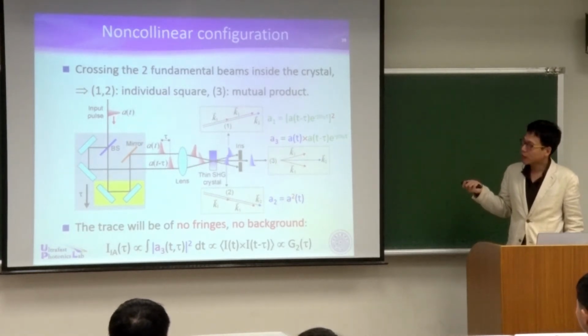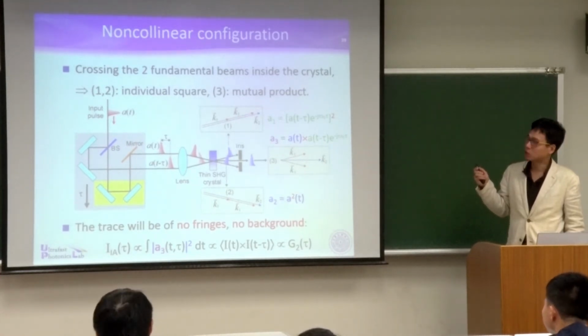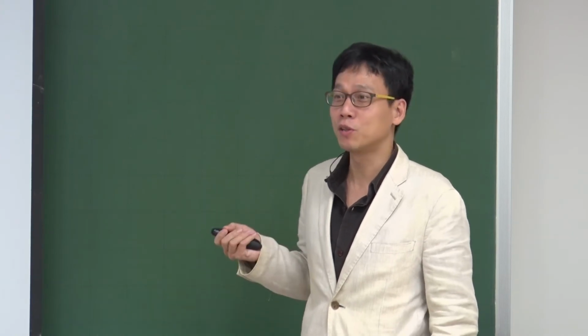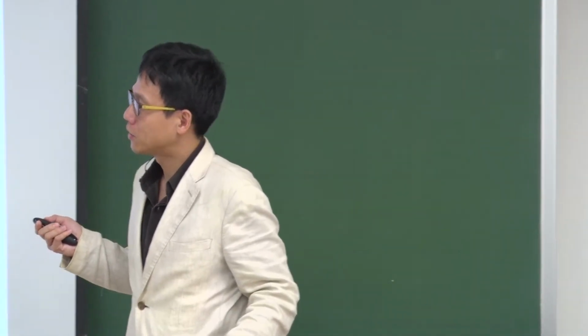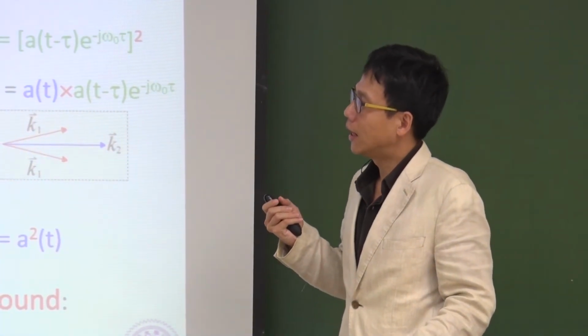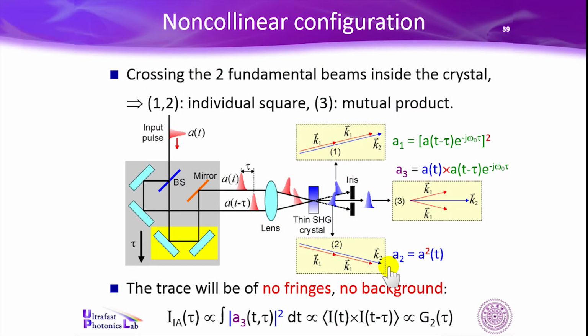Okay, so when you try to measure an extremely short optical pulse with this setup, it would be problematic. When the pulse width is so narrow that the inaccuracy of the delay is close to the pulse width, the measurement becomes very inaccurate. Okay, so that's why if you try to measure an extremely short pulse, people tend to use collinear geometry instead of the non-collinear one, although there are some advantages you can gain by using non-collinear geometry.